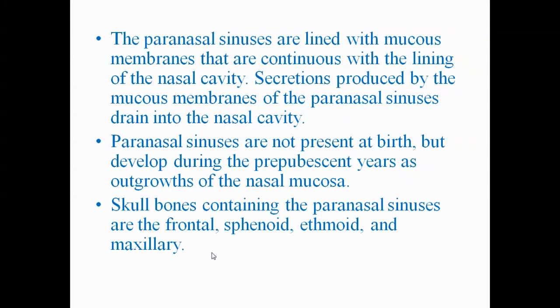The skull bones that contain the paranasal sinuses are the frontal, sphenoid, ethmoid and maxillary, giving the frontal sinus, sphenoid sinus, ethmoid sinus and maxillary sinus.